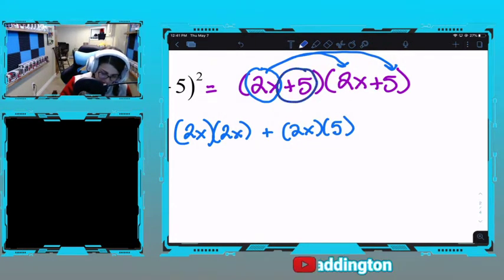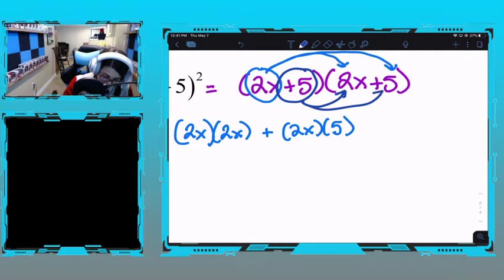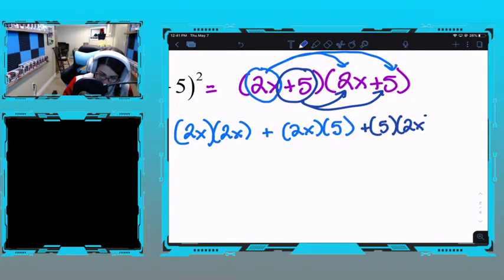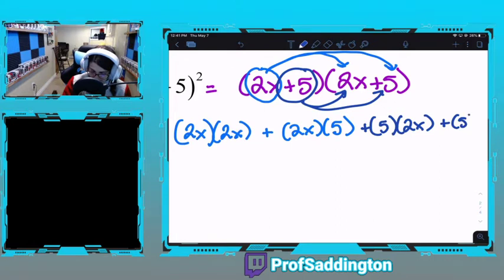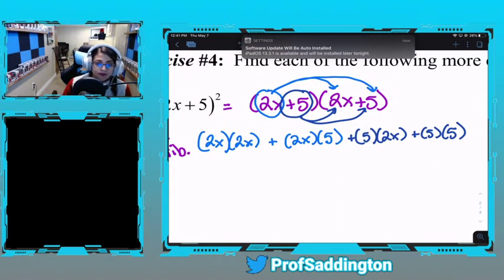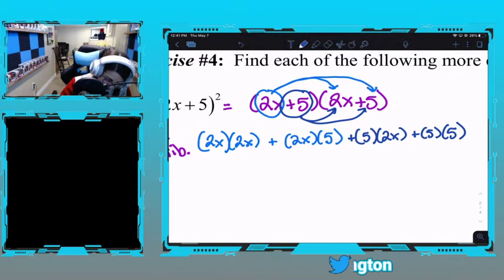And then I take the other term in my first quantity, and it gets distributed to the other one. So plus 5 times 2x plus 5 times 5. And now I can just multiply through.